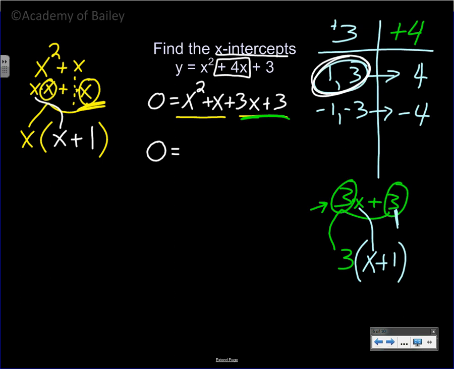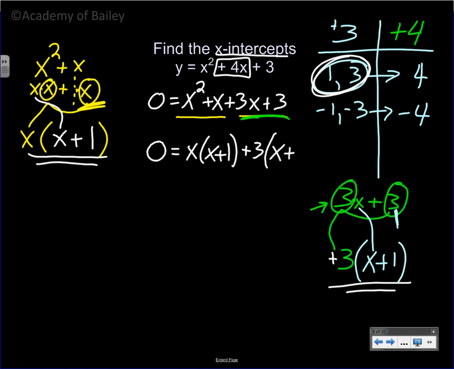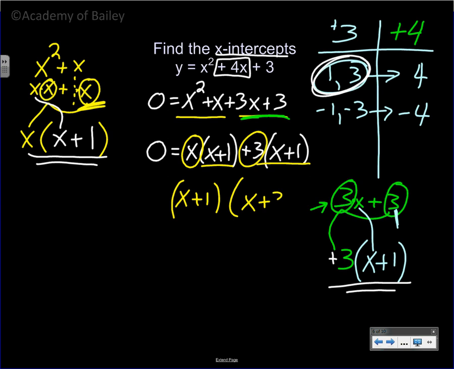0 is equal to, we'll bring all this over, x plus 1 inside the parentheses, and then we bring all of this over. And remember, this is a positive 3, so we're going to put plus 3, x plus 1. This and this go inside one parentheses together, and x and plus 3 go inside another parentheses together.